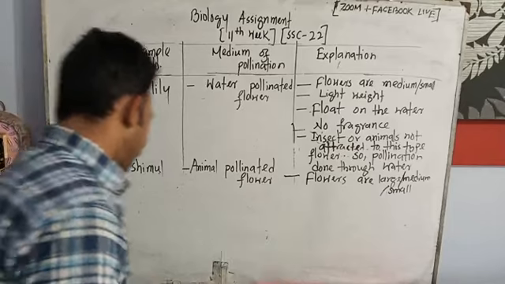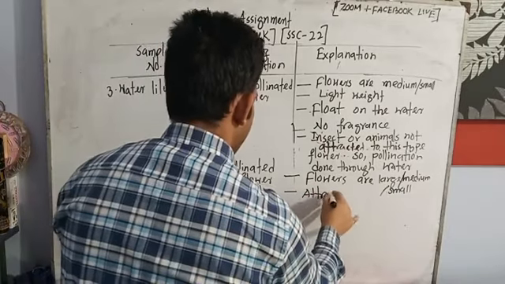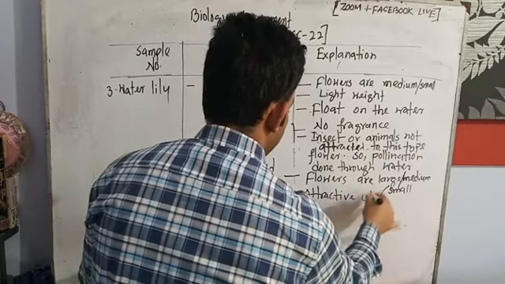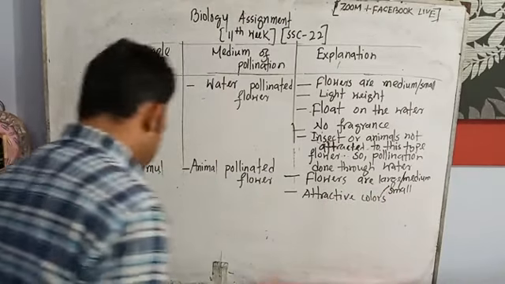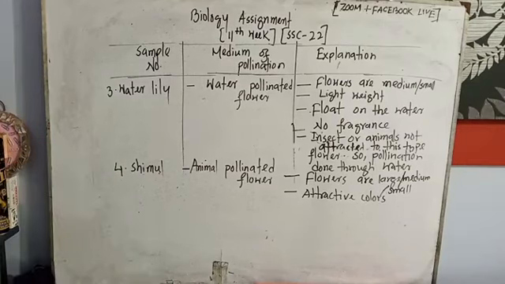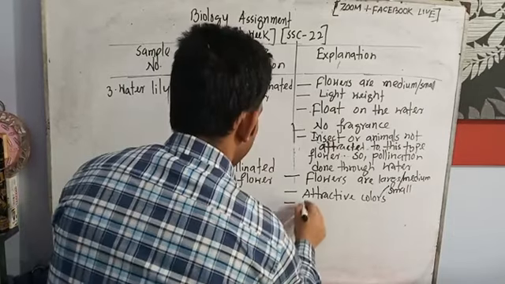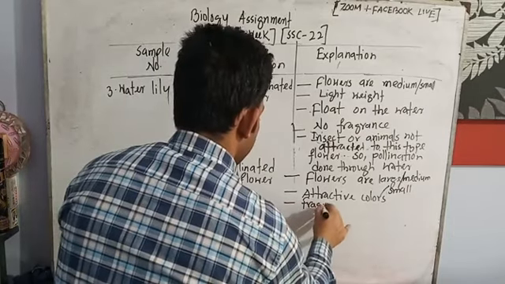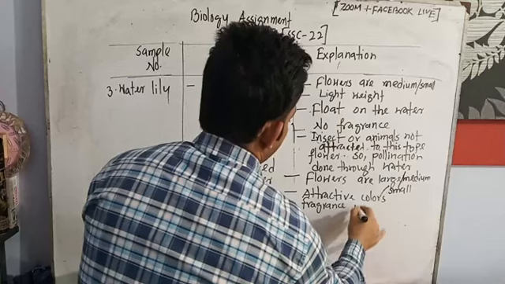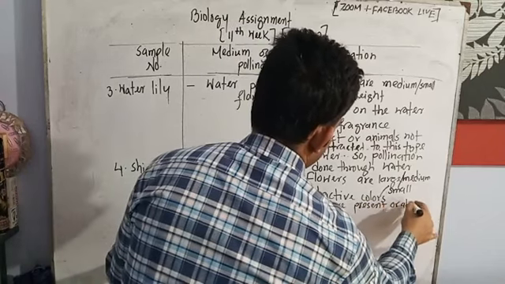Because of the different species, they have attractive colors in them, and fragrance, if we see on them, may be present or absent, you can write on them, present or absent.